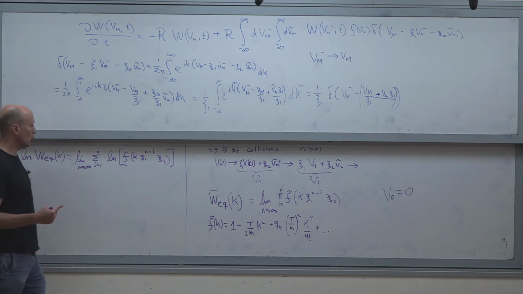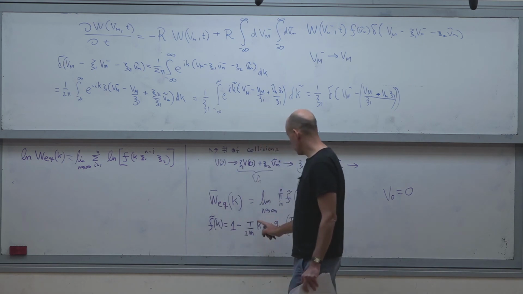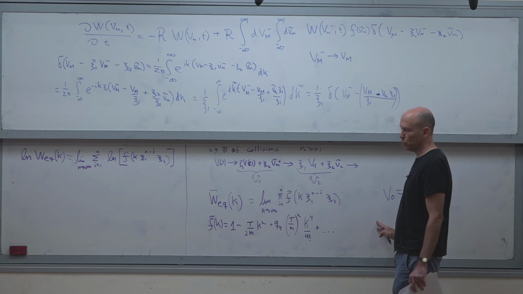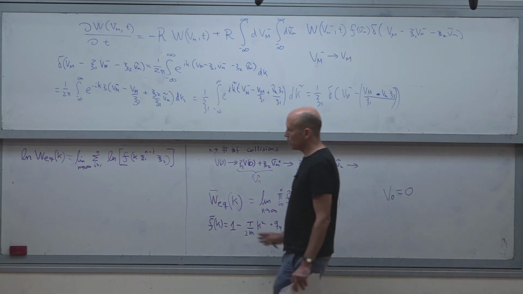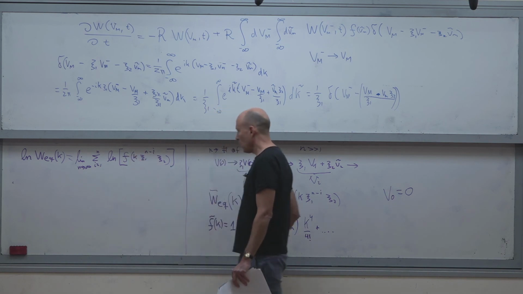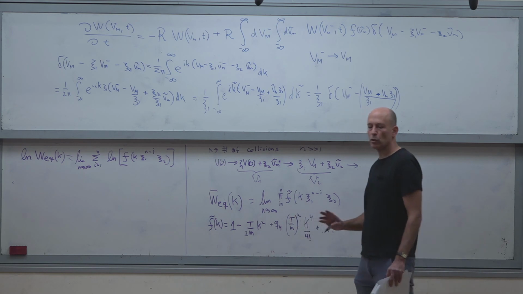Now what I need to do is plug in this expression. In principle, I need the higher order terms also. I plug in this expression into here, I expand this, and then I want to show that when I sum, this Q4 is not important.